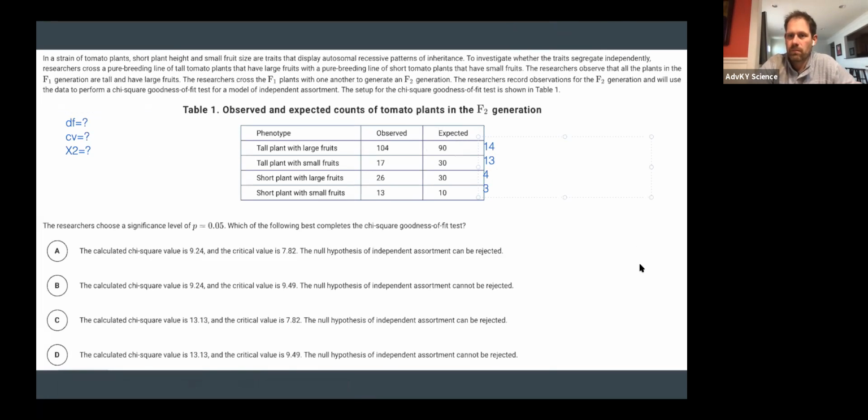Okay, so I think we're struggling with this a little bit, and it might be time wise. So I'll give you about 15 seconds, and then I'll come over and help you with it.